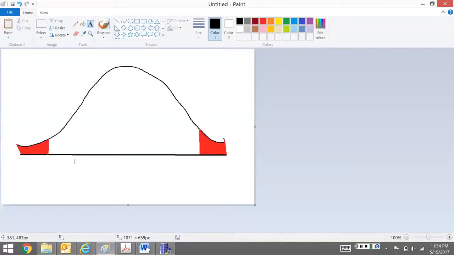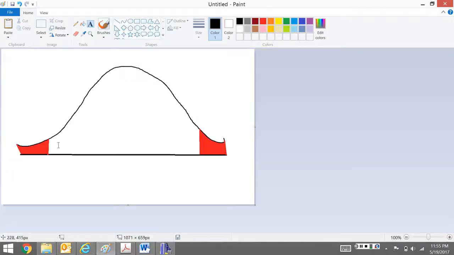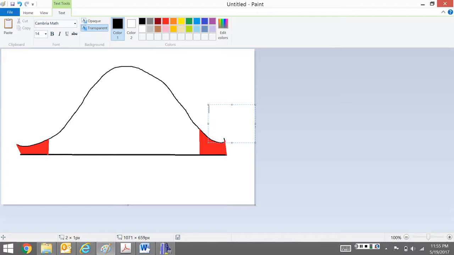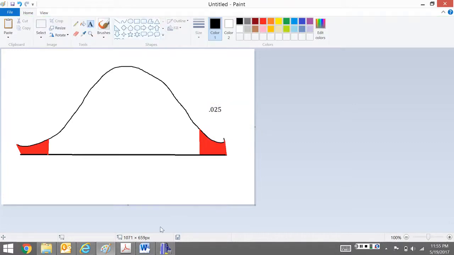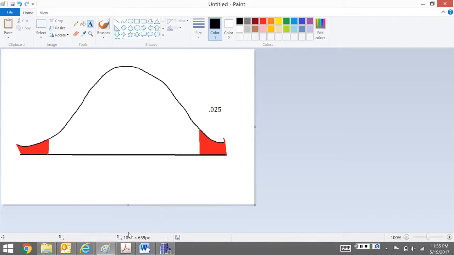So I need to know what these two values are. Now my significance level was 0.05. That means between these two, 0.05, so in each one of these then is how much? 0.025. Now this is a z-score test because I'm working with proportions.